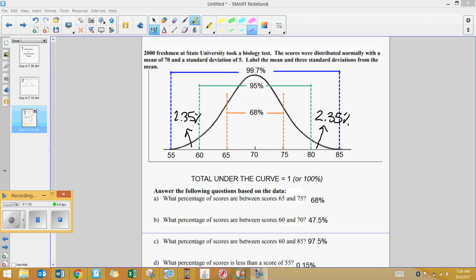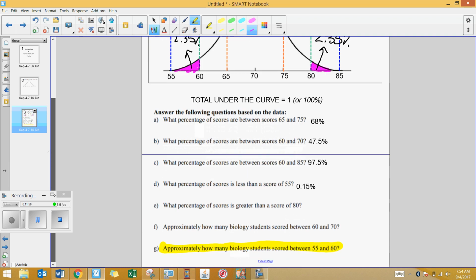So we just decided that these little pieces between that green and that blue dashed line that you see on my screen, this little piece is 2.35, just like this little piece over to the right is 2.35. Okay, using that, that's going to be really helpful here for this next question, G. G says approximately how many biology students scored between 55 and 60.